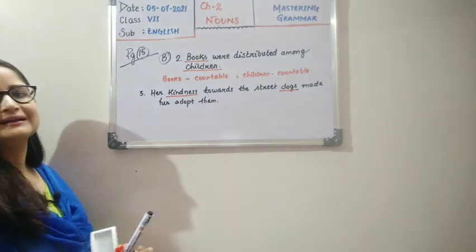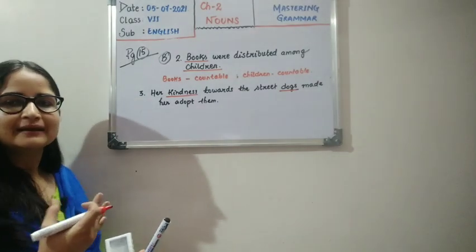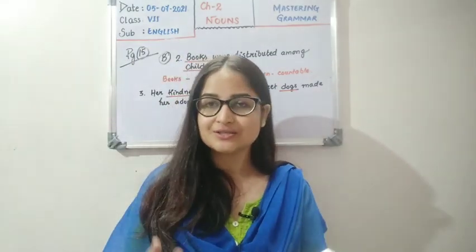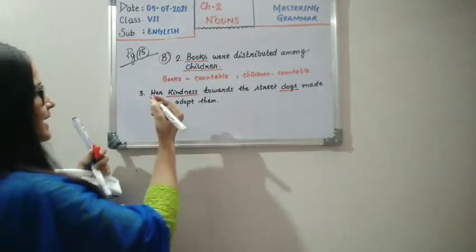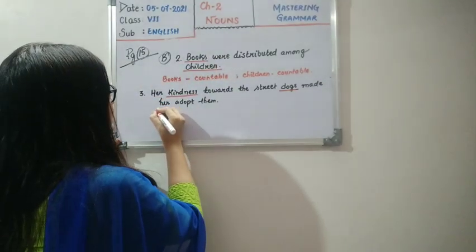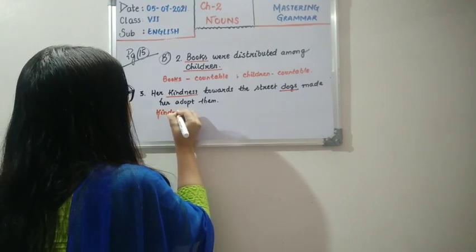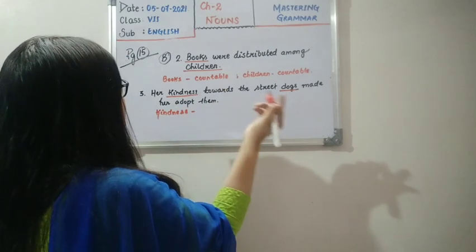Now children, kindness. Okay, this is like an expression of our emotion. We show kindness, or it's just a feeling or emotion. That's why children, this is an abstract noun. And what did I tell you about abstract nouns? That abstract nouns are always uncountable. Okay, we cannot do kindnesses.